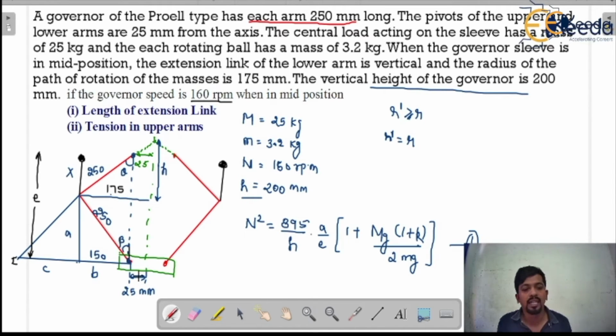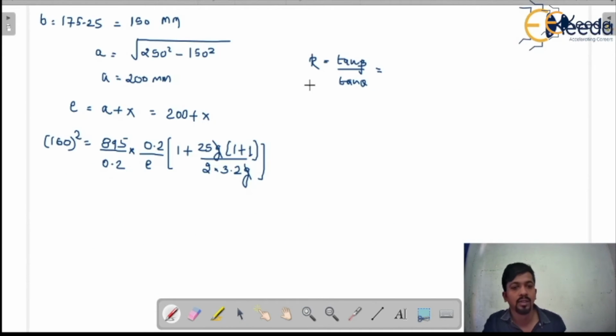If one is at the 25 mm offset and one is pivoted on the governor axis, then there will be a difference between the angles, but here both are pivoted at the same distance from the governor axis, and the arms have the same length, so they have the same angles. That's why theta will be equal to beta. So if theta is equal to beta, then tan beta upon tan theta comes out to be 1.